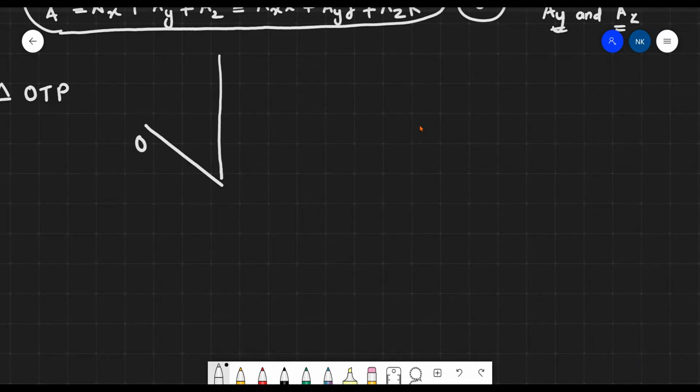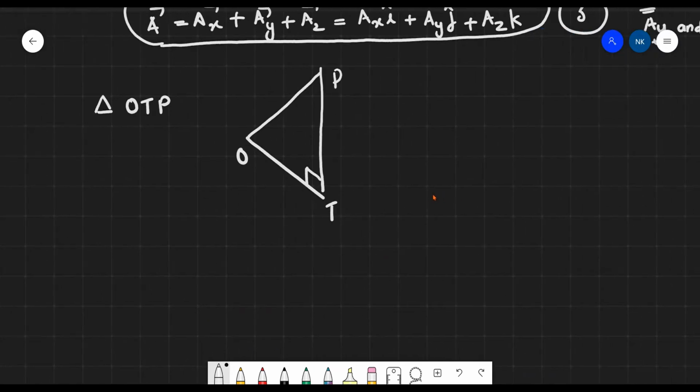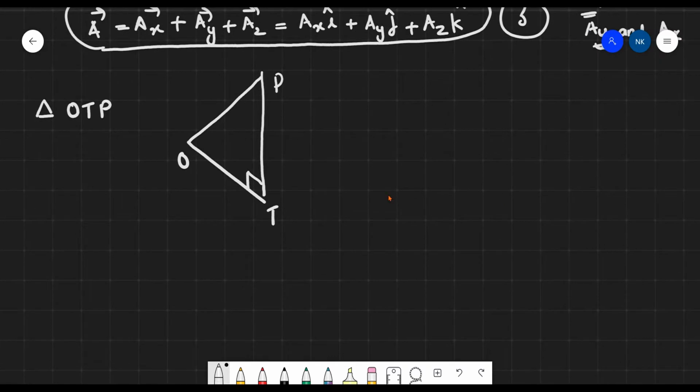This was O, this was T, this was P, and here this angle was 90 degree, isn't it? तो अब देखिए इसमें से क्या होगा, what will be the relationship between OT, TP and OP. इधर क्या relationship रहेगा, 90 degree है ना. So this is the hypotenuse, isn't it?